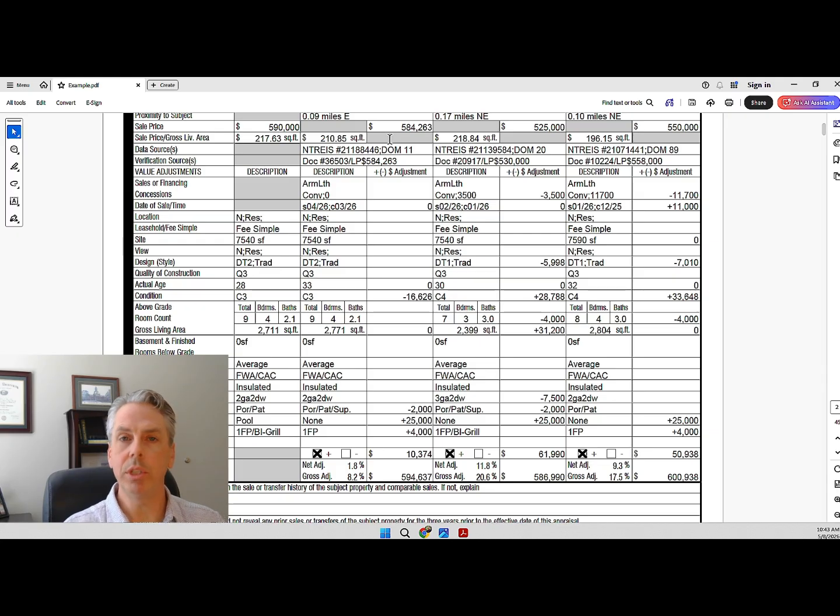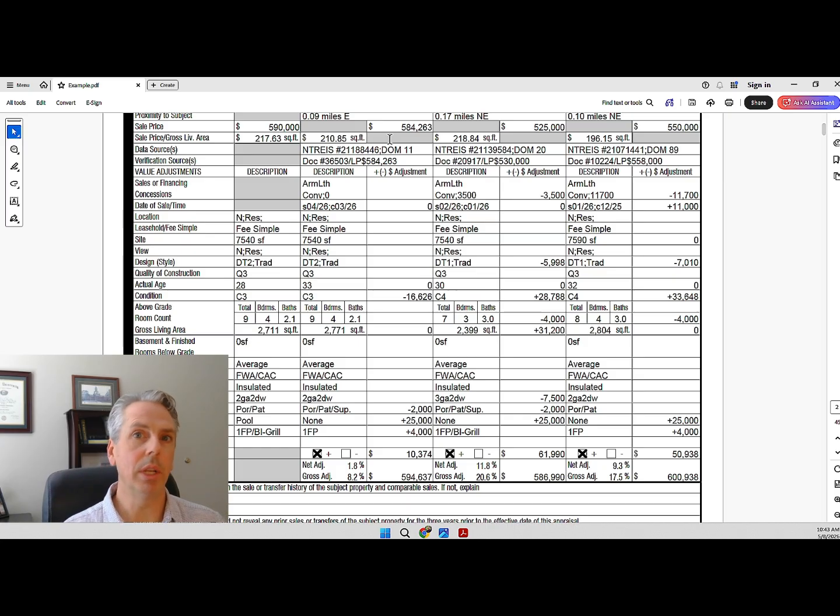We have to deal with similarity after adjustments as what I call transactional similarity, meaning the elements that would be in the category of random. And what I mean is any given property, if it's sold 1,000 times, isn't going to sell for the exact same price.